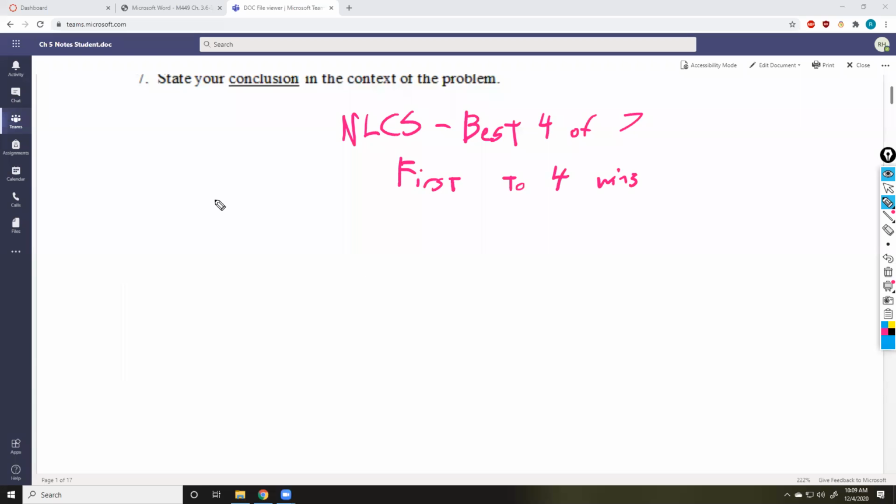So let's say that Team A has a 60% chance to win a single game. Oh, I can't write this morning. A single game.